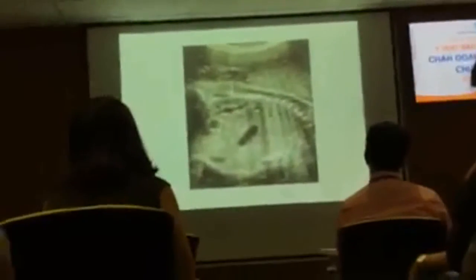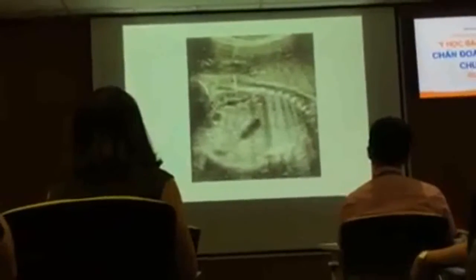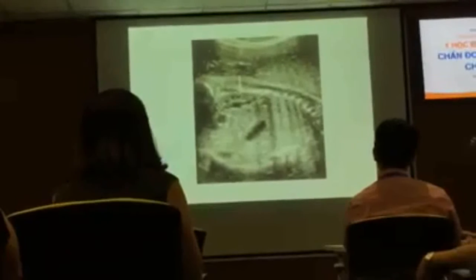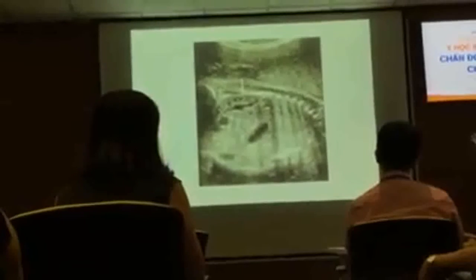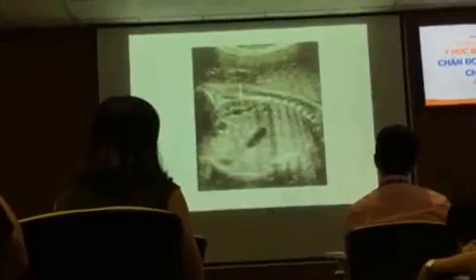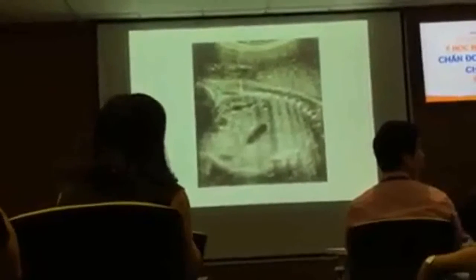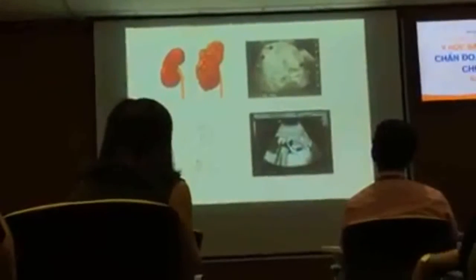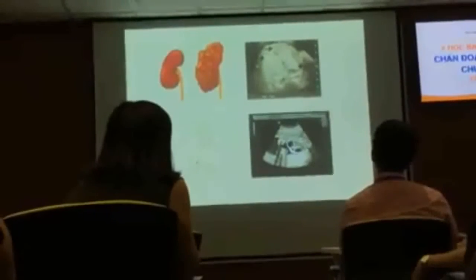This is the image of the kidney. You can see this is a normal kidney. You have to measure the size of the kidney in the transverse view, and you can measure the size of the kidney pelvis.